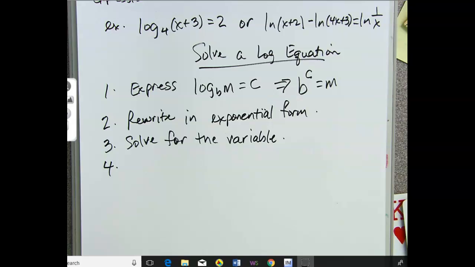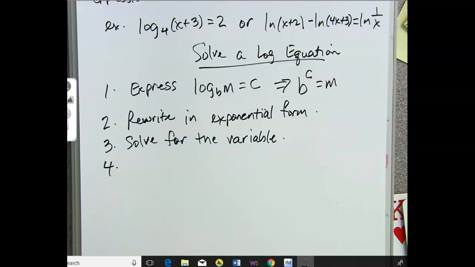We spent the last 2 days solving exponentials. Step 4 is really important because logs, the domain of a log is all values of x that are greater than 0. We have to make sure that we're not taking the log of a negative number. So we don't want any false solution.